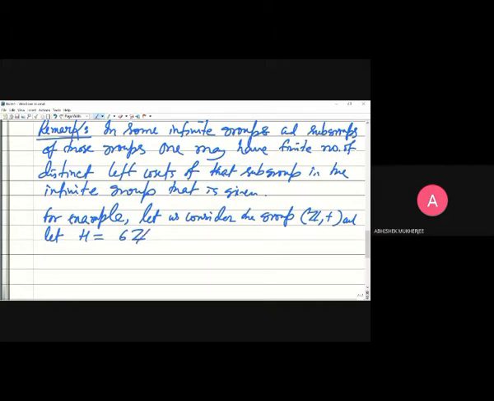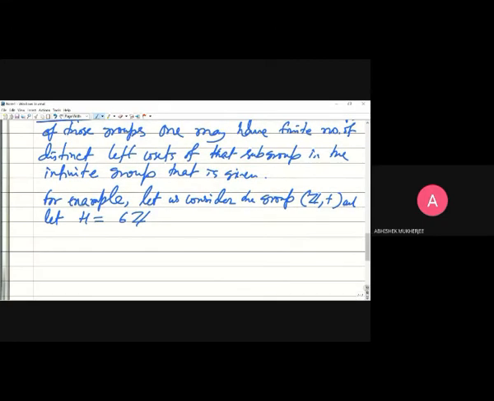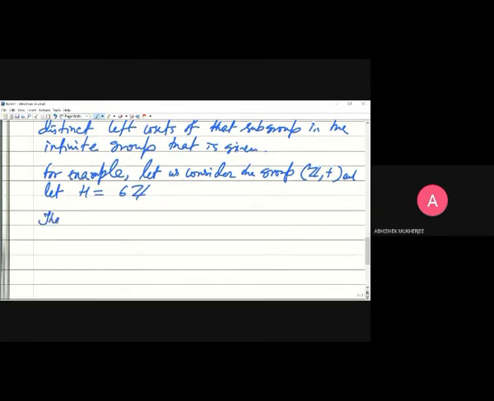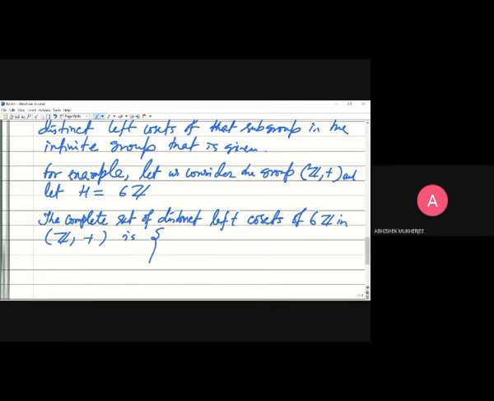So this is also an infinite subgroup of the infinite group Z plus. But we have seen that the complete set of distinct left cosets of 6Z in Z plus is, what are the left cosets?